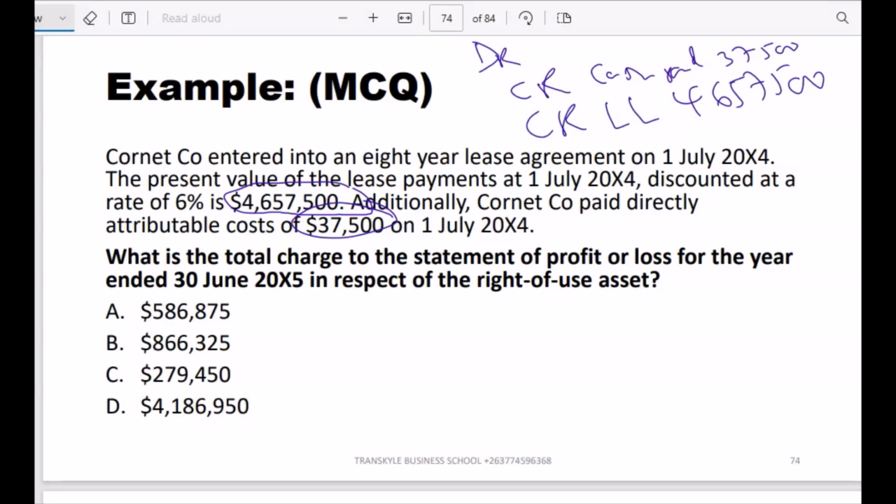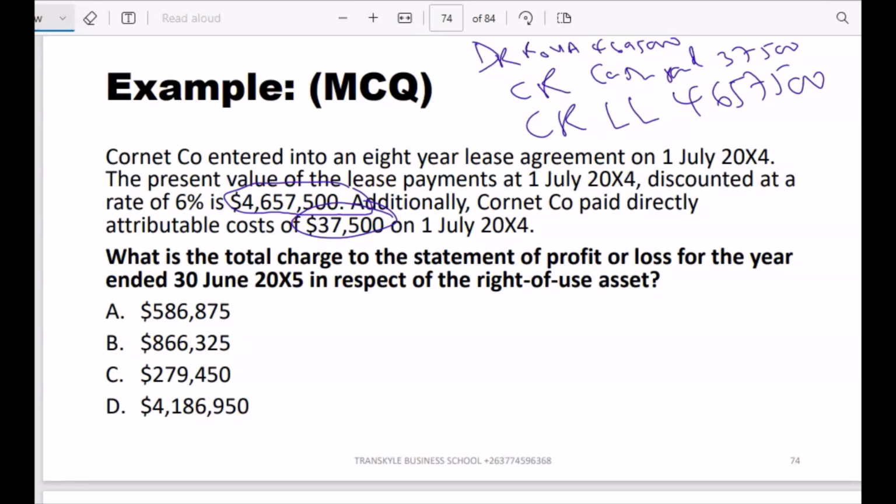Remember, this is the aggregate of any direct cost paid at the inception of the lease, as well as the present value of future lease payments which are not yet paid. So that's 4,657,500 plus 37,500, and the right of use asset is 4,695,000. That's the value of the right of use asset at inception.